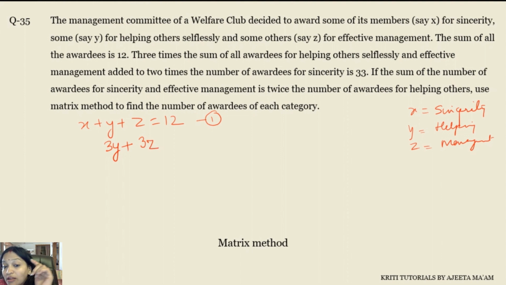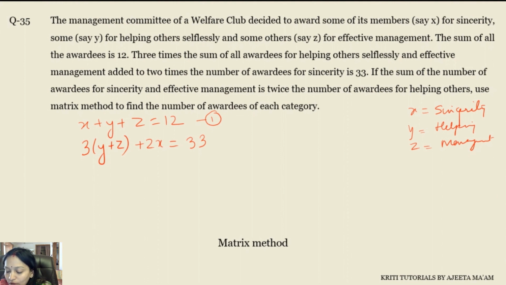Remember, रीड द क्वेश्चन, यहाँ पे बहुत एरर होता है. 3 times the sum of all awardees for helping and effective management. आप इसको ऐसे भी लिख सकते हैं, देखिए शायद वो आपके लिए इजी हो जाएगा. Correct. 3 times the sum. Correct. This is what we get. 2 times the awardees for sincerity and the whole is about to be 33. ये आपके लिए ज़्यादा इजी है instead of writing it directly.